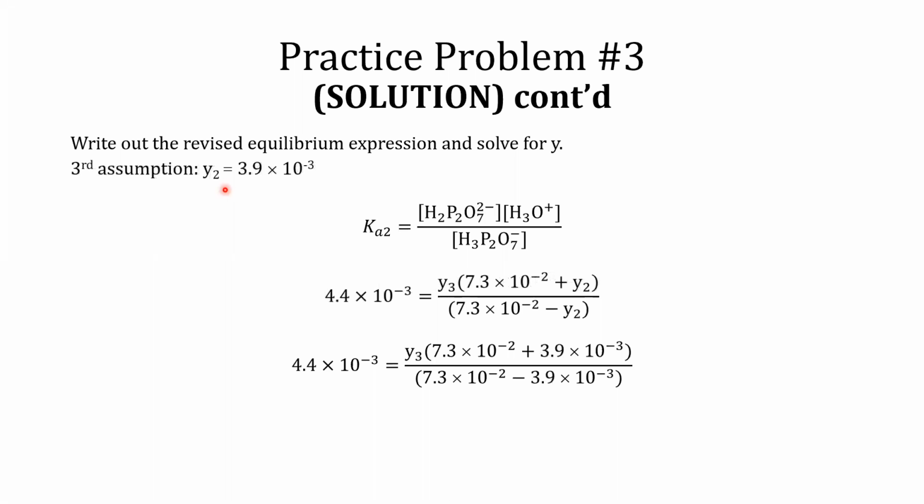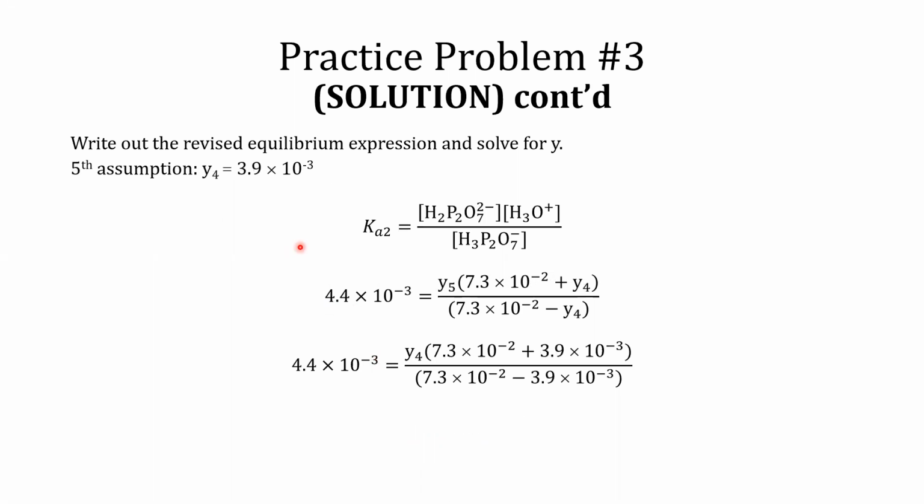In the third assumption, with y2 equaling 3.9 times 10 to the minus 3, in solving for y3, it equals 4.0 times 10 to the minus 3. In the fourth assumption, with y3 equaling 4.0 times 10 to the minus 3, in solving for y4, it equals 3.9 times 10 to the minus 3.